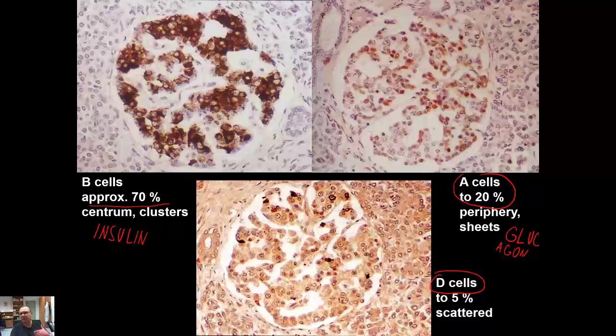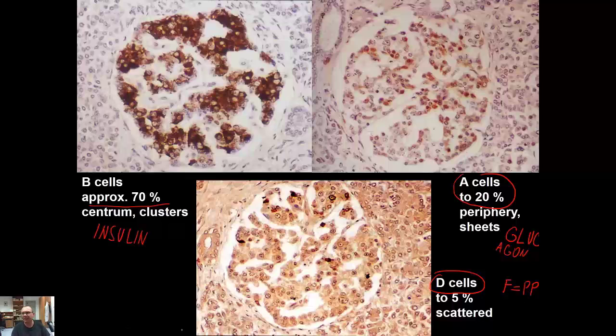They haven't got any prevailing or privileged position. Approximately the same number, that means about 5%, is represented by F cells or PP cells, which secrete pancreatic polypeptide.